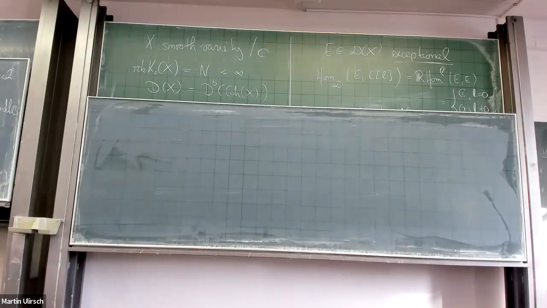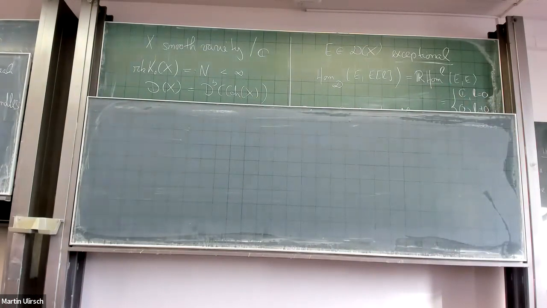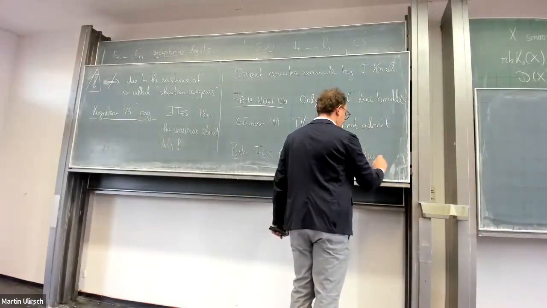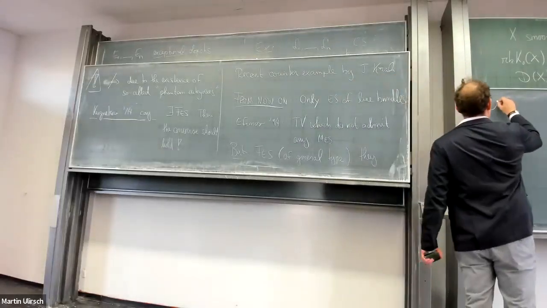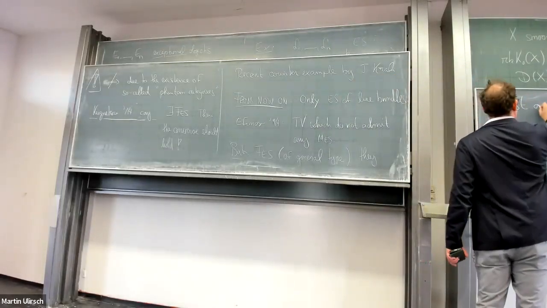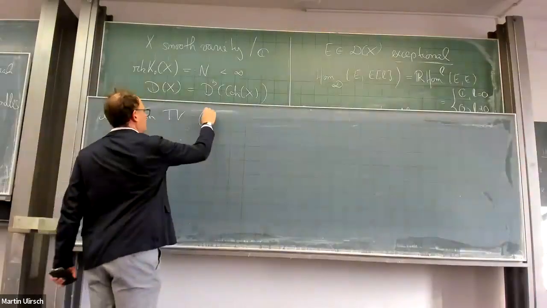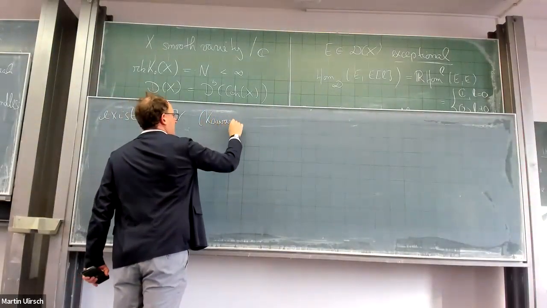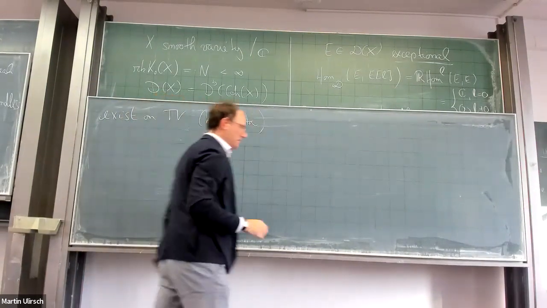So on the good side, as for general objects, now contradicting what I said, from now on beyond this line I will only consider line bundles. Complexes of sheaves of general type exist on toric varieties. That is due to Kawamata. That's a very nice result.